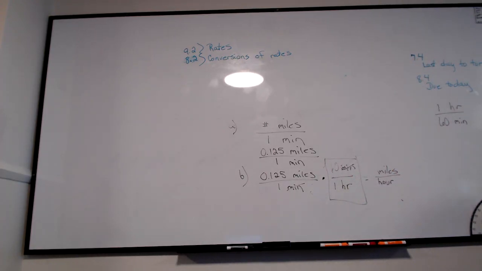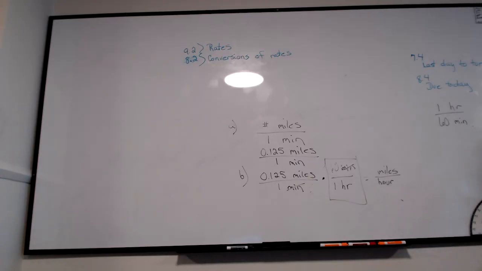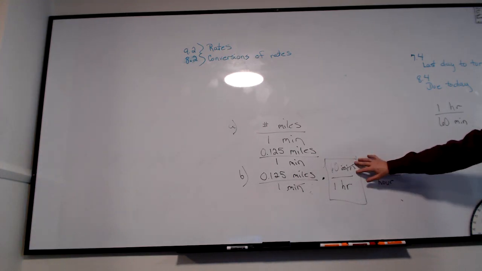The conversion rate is from minutes to hours, so you have to figure out what your conversion is. Now, I'm going to multiply this times this, and yes, you are going to get 7 point something. 7.5 miles.